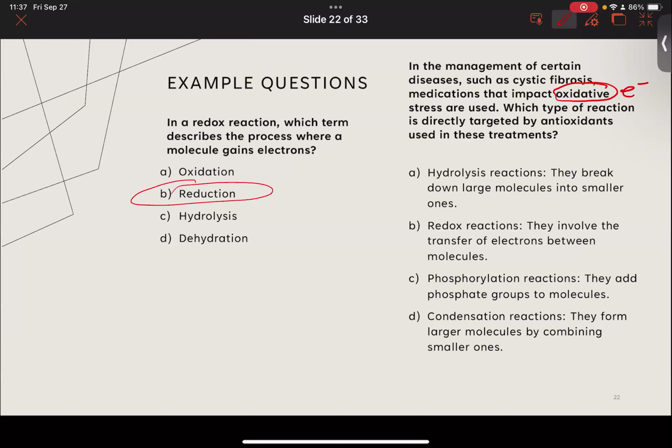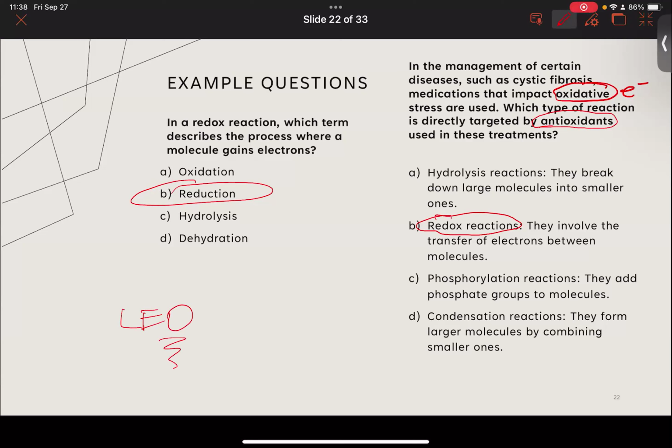So we know redox reactions are reduction and oxidation reactions. That's what redox means. So this is electron transfer. So it's probably going to be this one. They involve the transfer of electrons between molecules. That's exactly what oxidative would be dealing with. And when you're talking about antioxidants, when you're talking about being oxidized, if you want an antioxidant, you're trying to prevent your electrons from being stolen.